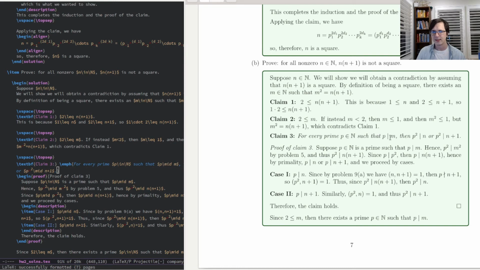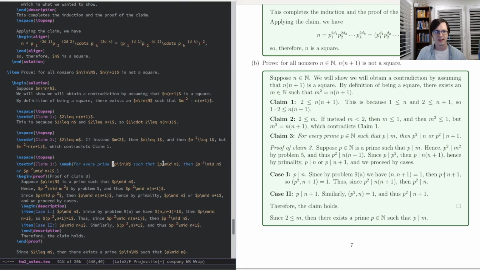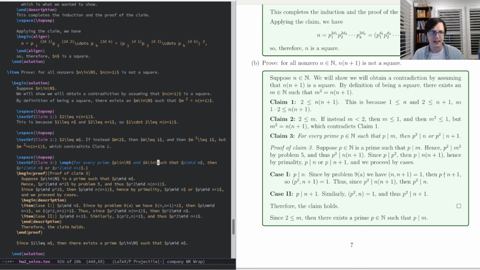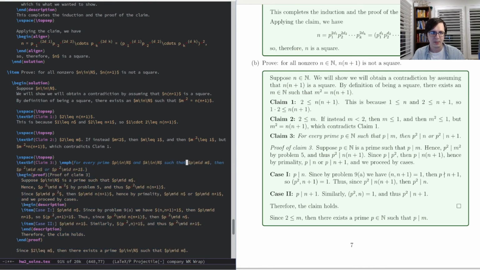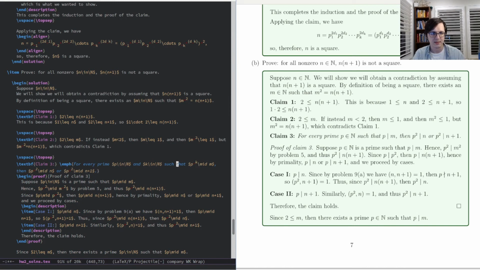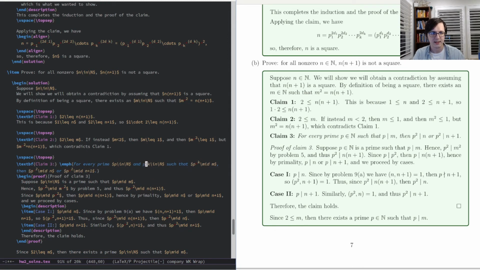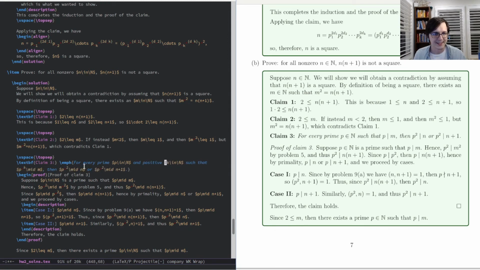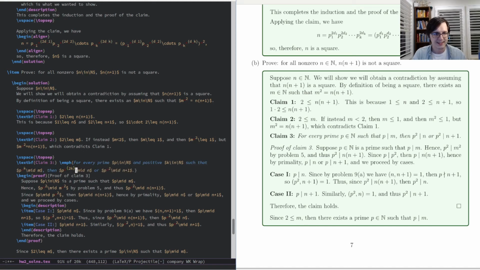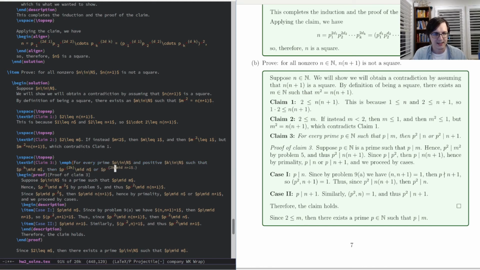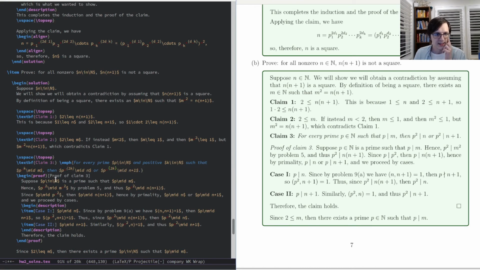What I really want is if I have a prime power, I think. So let's see if we can fix it. So for every prime p in n and k in n such that p to the k divides m, let's say positive. I don't actually know if I need positive, it just seems like it would make it a little easier. Okay, so I want to say then the square of that prime power divides one of the two.